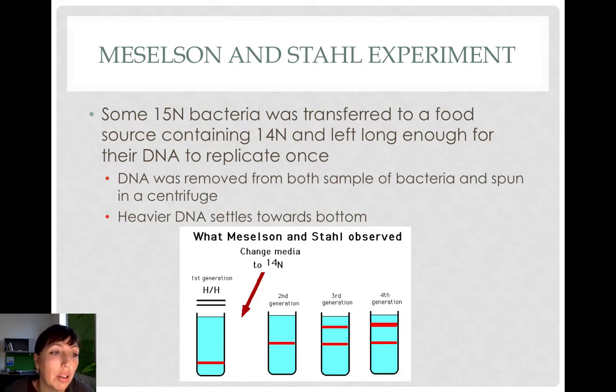The result does not rule out the dispersive replication model, which also predicts that DNA will be of an intermediate density, consisting of an interspersed mosaic of 15N and 14N labeled segments. But after two replication cycles, two bands of DNA were seen, one of intermediate density and one of light density. And this result is exactly what the semi-conservative model predicts.